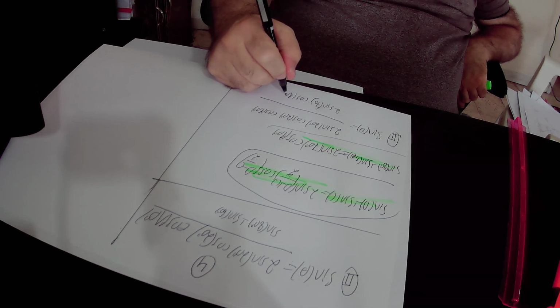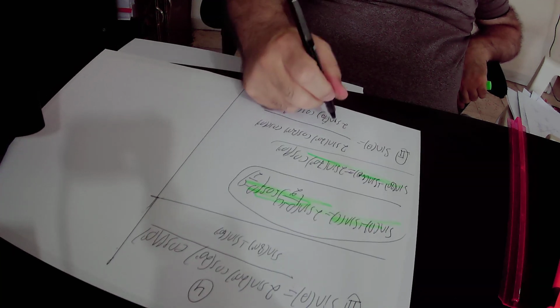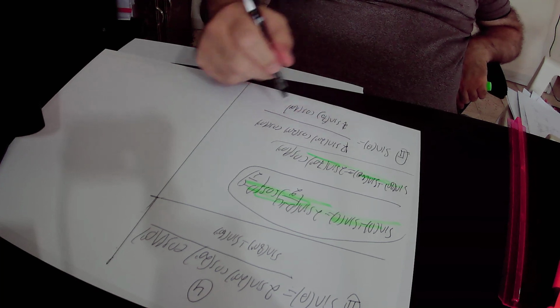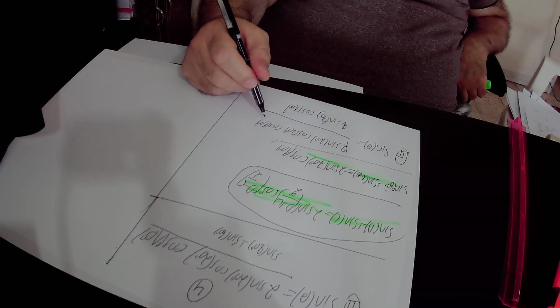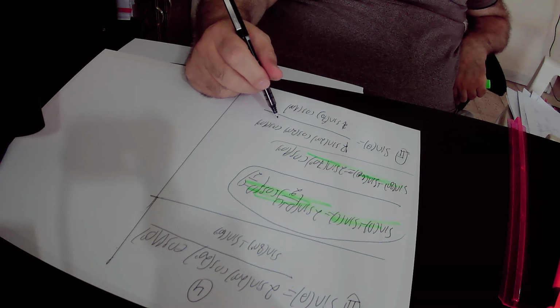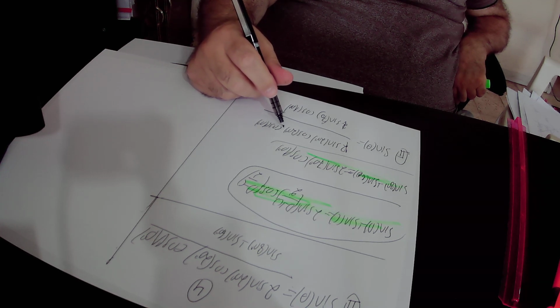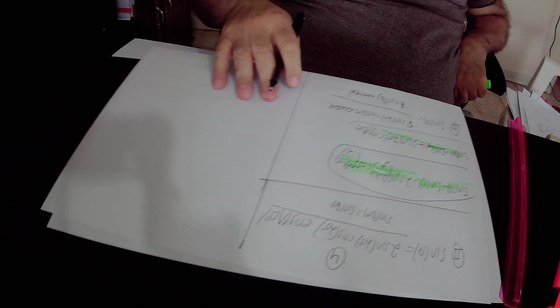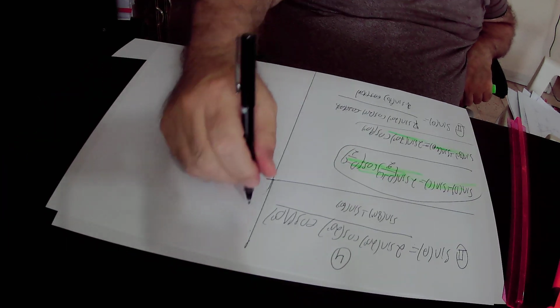So here we have 2 in the numerator, 2 in the denominator, so 2 will get cancelled. Here we have 2 cosine 10 degrees in the numerator and cosine 10 degrees in the denominator, so cosine 10 degrees will get cancelled. What is left from equation number 2 after we cancel the two expressions?